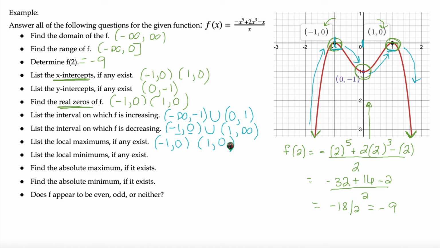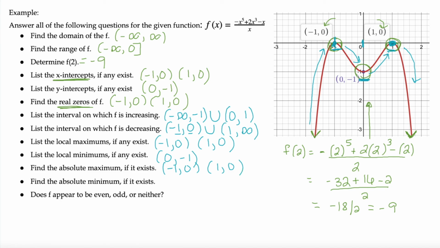We do have a local minimum. This local minimum happens to be the y-intercept, and that's not always going to be the case. We have two absolute maximums. These are the absolute highest points of our graph, and they are equivalently the same height. So both of them get to be listed as the absolute maximum. So -1, 0. These x-intercepts are really helpful for us today.